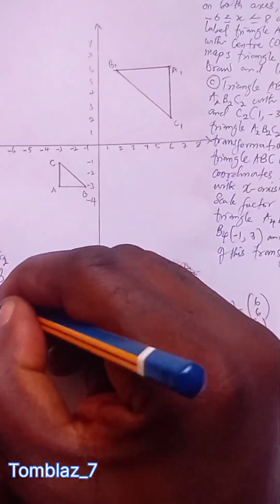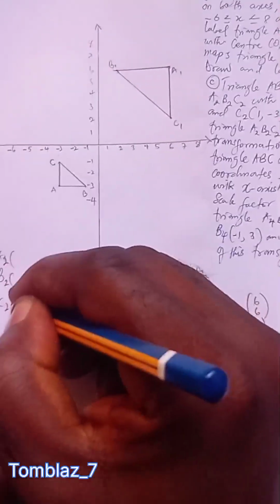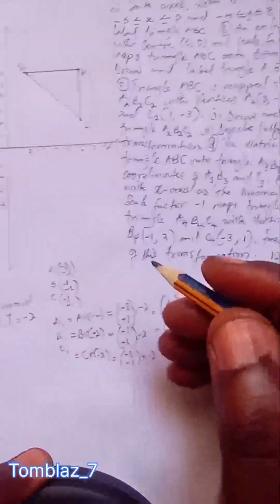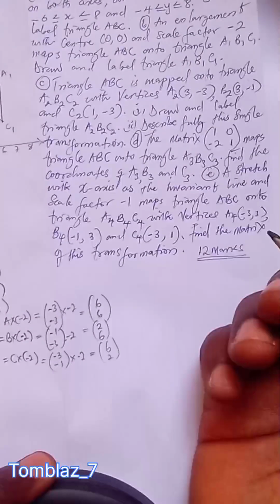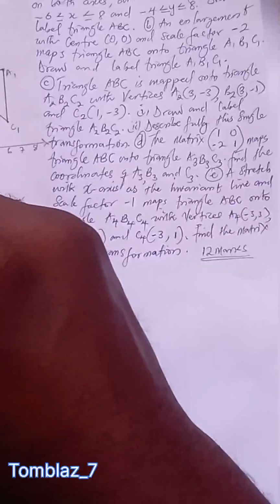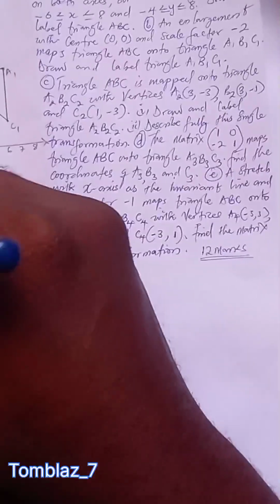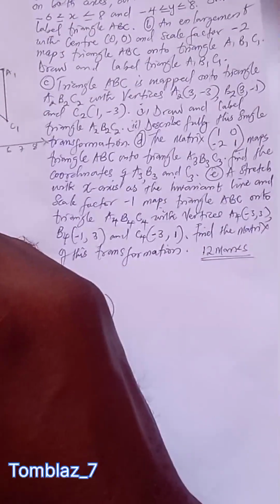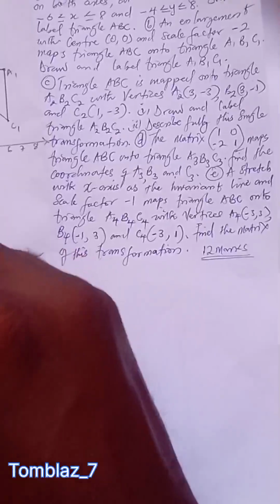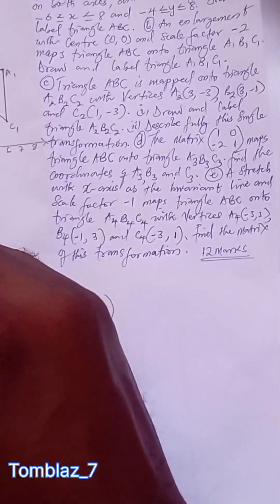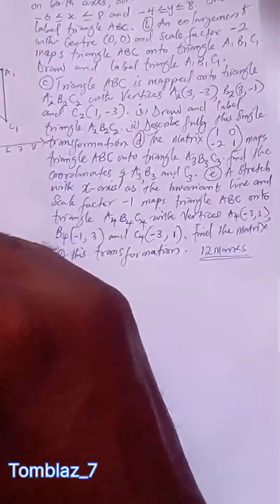A2, B2, and C2. What are the vertices? We have for A to be 3, comma minus 3. For B is 3, comma minus 1. And for C2 is 1, comma minus 3.